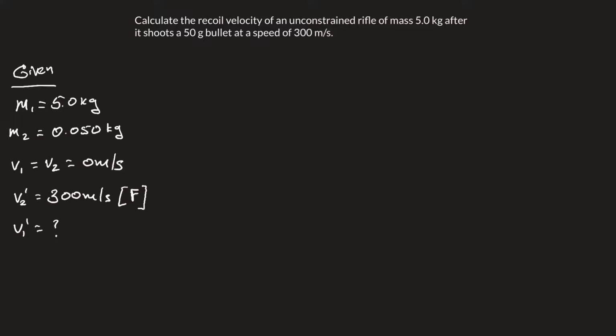So making use of our conservation of momentum, we know that m1 v1 plus m2 v2 is equal to m1, the mass doesn't change, v1 prime plus m2 v2 prime. So everything on the left is actually going to go right to zero because there are no initial velocities.